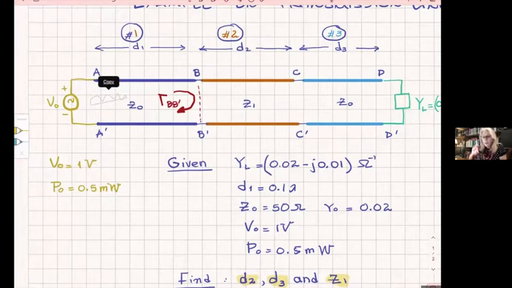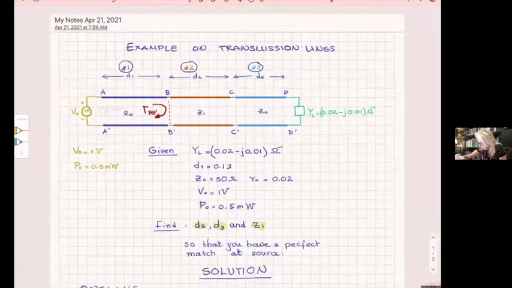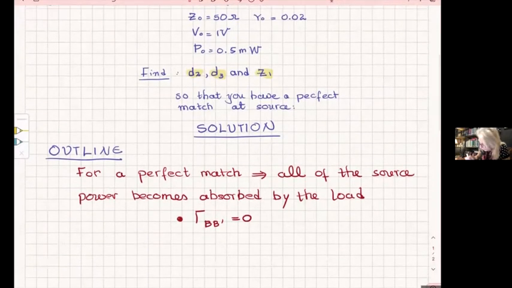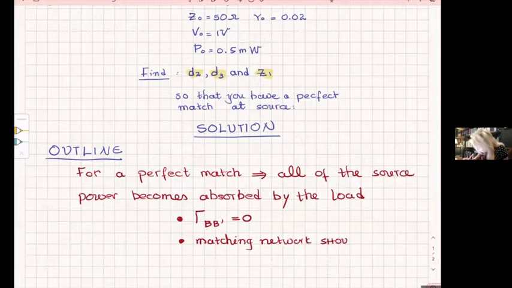For all of it to go and be absorbed by the load, that implies, second conclusion, that my matching network, whatever I decide to add, which I don't know what it is, should not include any resistors.